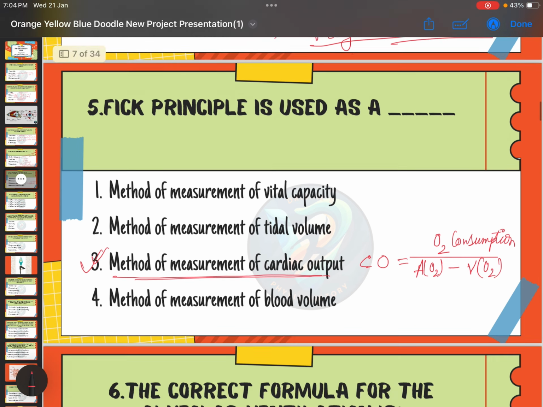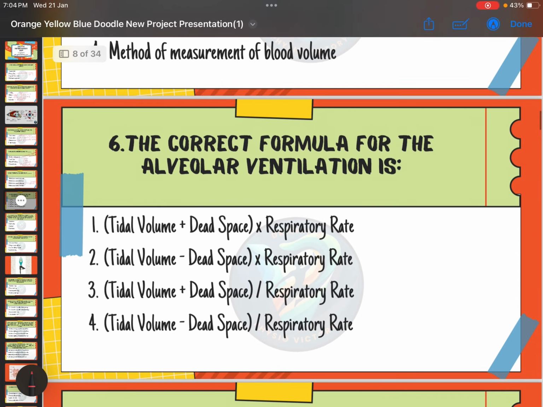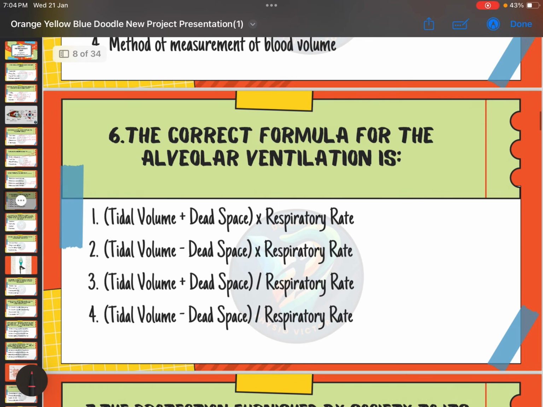Next, come to question number 6. The correct formula for alveolar ventilation is option 1 tidal volume plus dead space into respiratory rate, option 2 tidal volume minus dead space into respiratory rate, option 3 tidal volume plus dead space divided by respiratory rate, option 4 tidal volume minus dead space divided by respiratory rate.